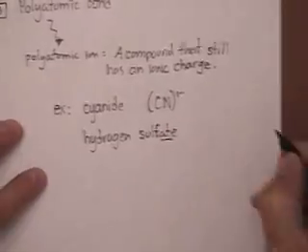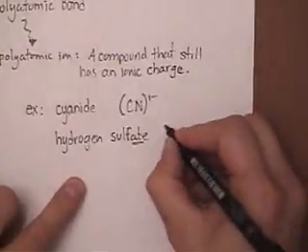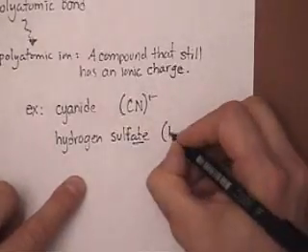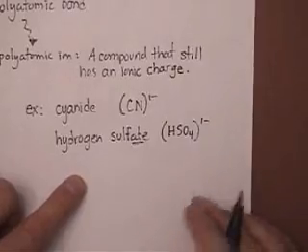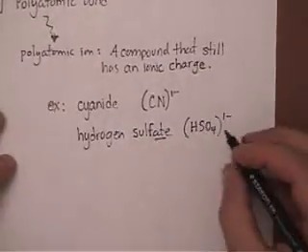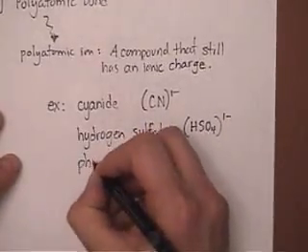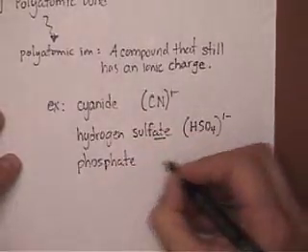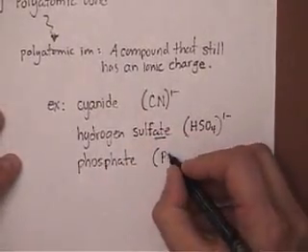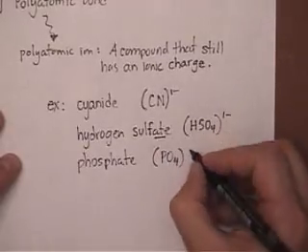Sulfate, ATE, not sulfide, IDE. Hydrogen sulfate is HSO4, 1-. They don't always have to be 1-. Just like, again, if you look, you'd see phosphate, and that would be PO4, 3-.